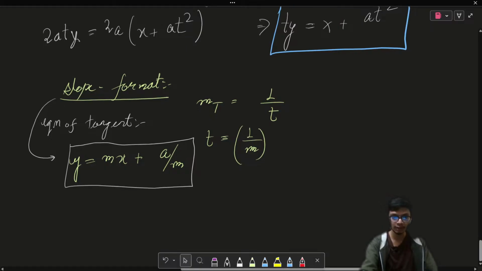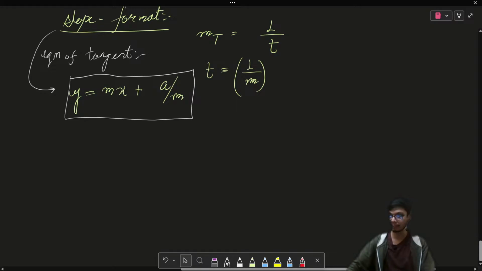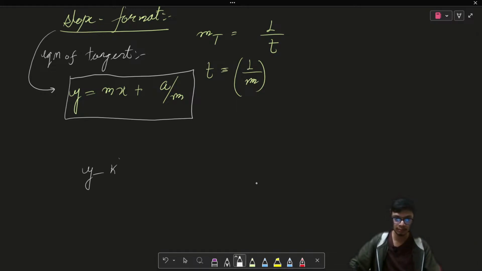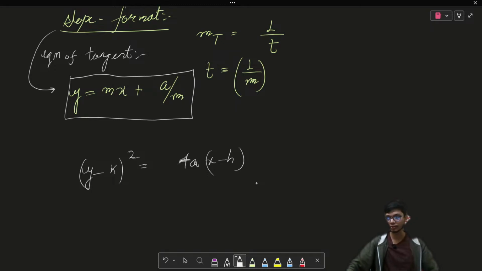Okay, so now if someone is really curious about what happens if I shift the vertex of the parabola to a different point, like let us say h comma k. In this case also, if your parabola has the standard form, that is y minus k whole square is equal to 4a times x minus h, then the only thing that may change is the transformation of the x and the y.